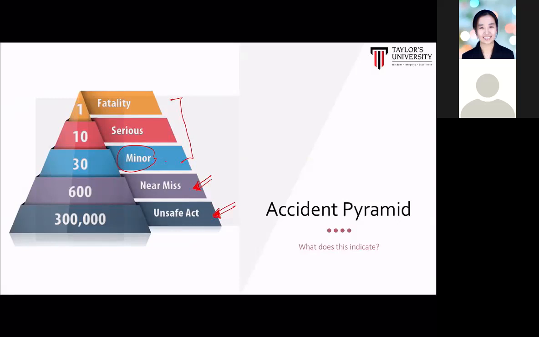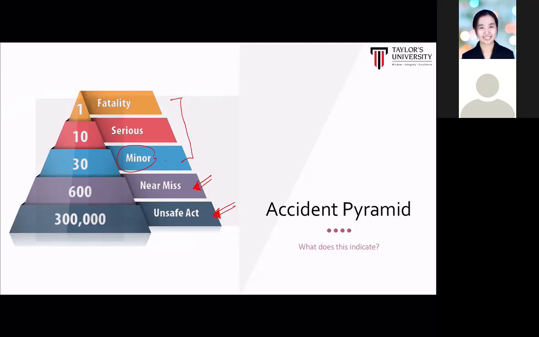Sometimes you realize they are doing welding without proper PPE, or pouring chemicals without wearing masks, goggles, or even gloves. Those are what we call unsafe acts. Those are the ones we want to start taking action on.